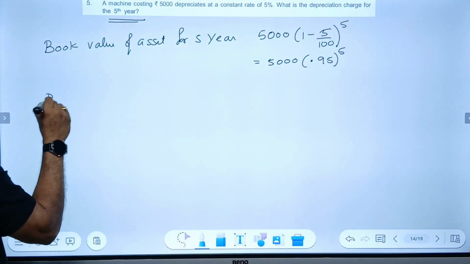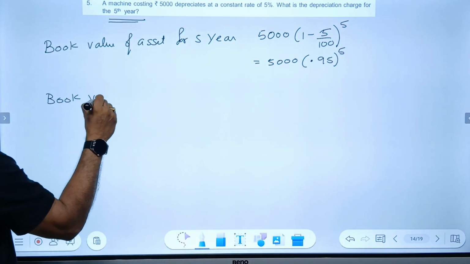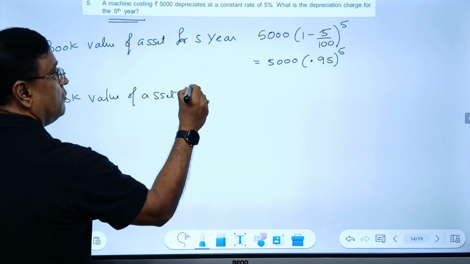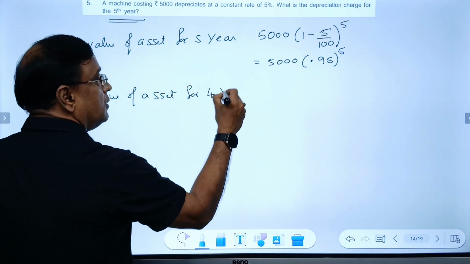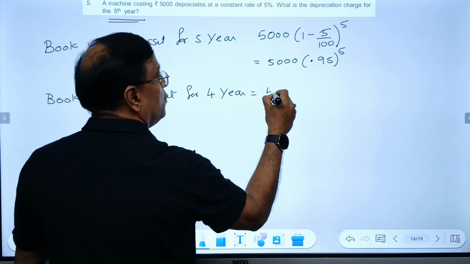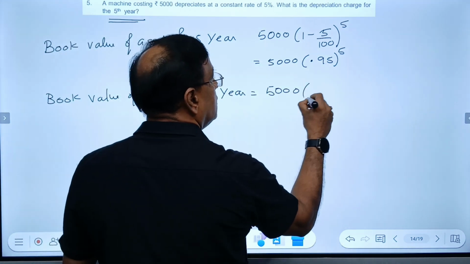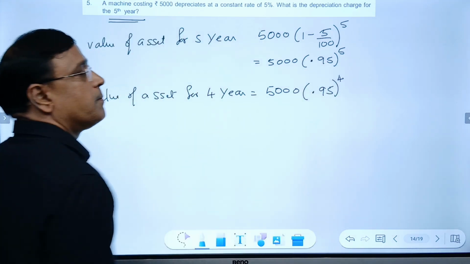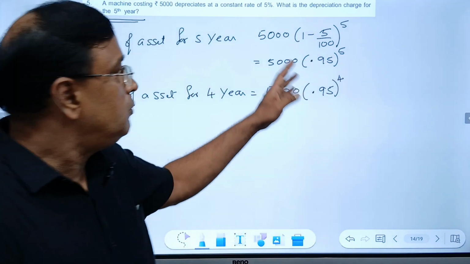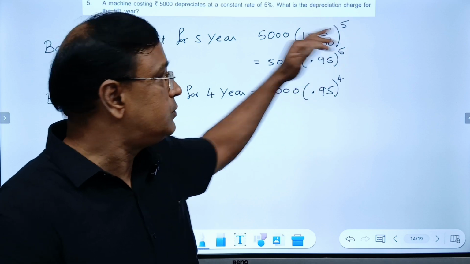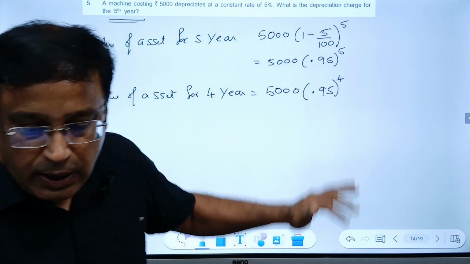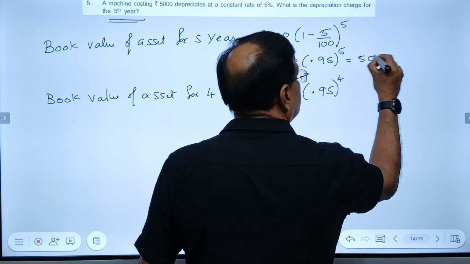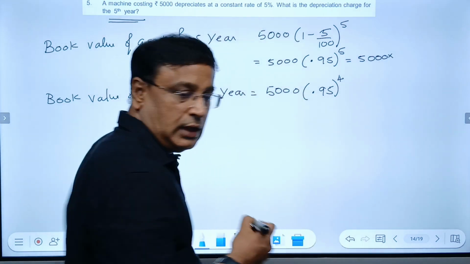Then you find the book value of the asset for 4 years, which is 5000 into 0.95 whole power 4. By now you should know how to take log and do it, because I have already done one problem. So I am not going to waste my time on this. I already did the calculation.